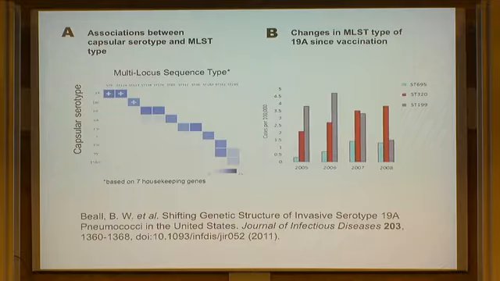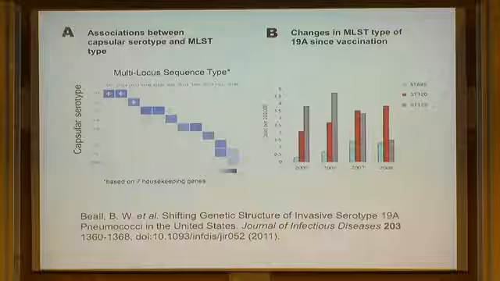But another thing that's happened since vaccination is that some of these non-vaccine serotypes have started acquiring the MLST types of the vaccine serotypes. And a very good example is serotype 19A, which has increased since vaccination, and its MLST composition has changed dramatically.